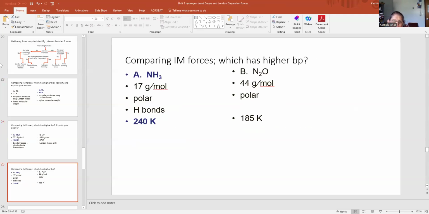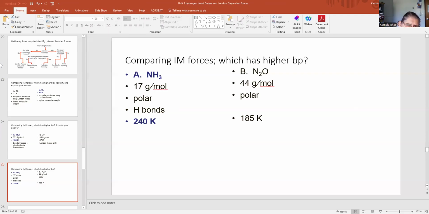And again, you can check it out and explain which one you think would have the higher boiling point. Both the compounds, ammonia and dinitrogen oxide, have different molar masses. Both are polar.